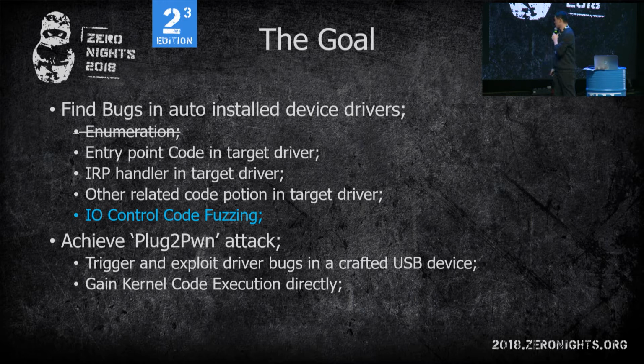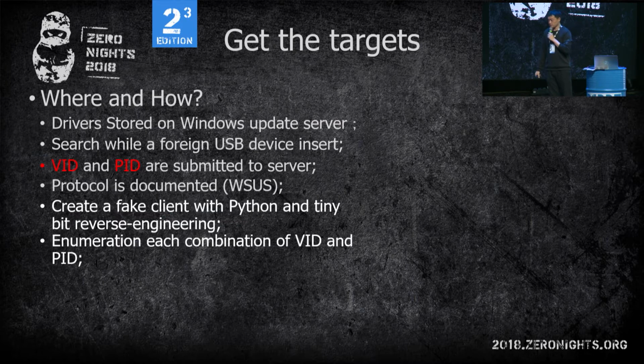The second goal we want to achieve is plug-to-pwn. It means we try to plug in a crafted USB device, gain code execution, and then do whatever we want. Later, I will give a demo of this plug-to-pwn attack.